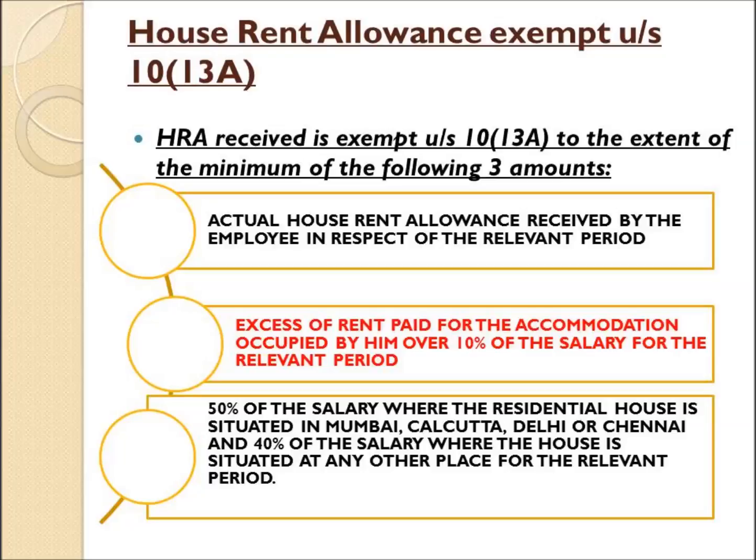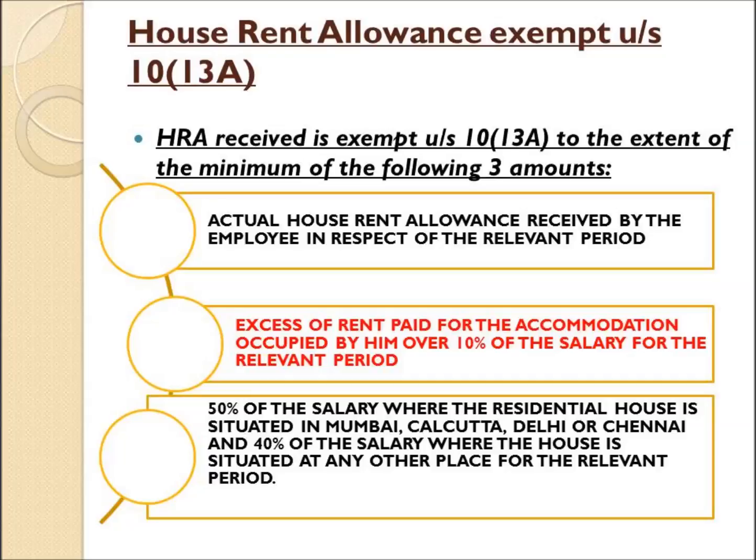That is the excess of rent paid for the accommodation occupied over 10% of the salary for the relevant period. So mathematically it will be rent paid for the accommodation minus 10% of the salary for the relevant period.